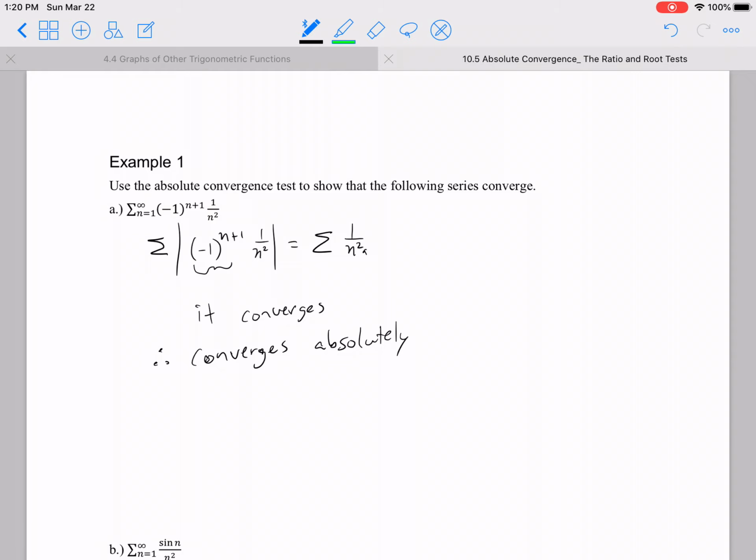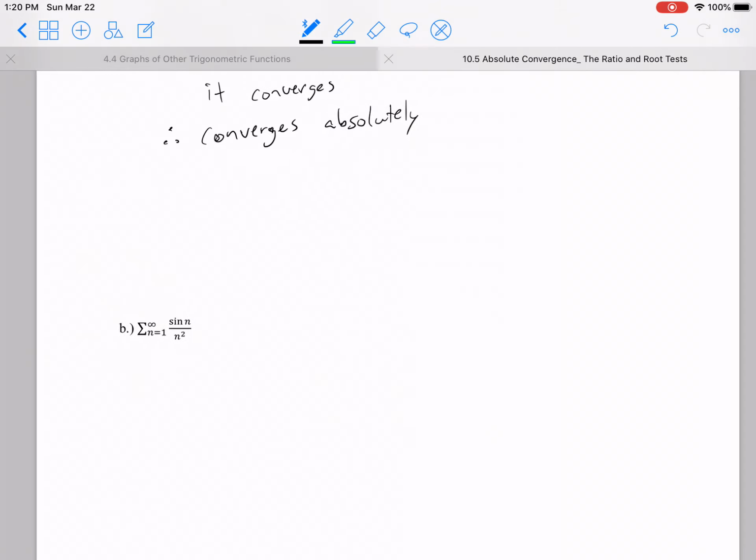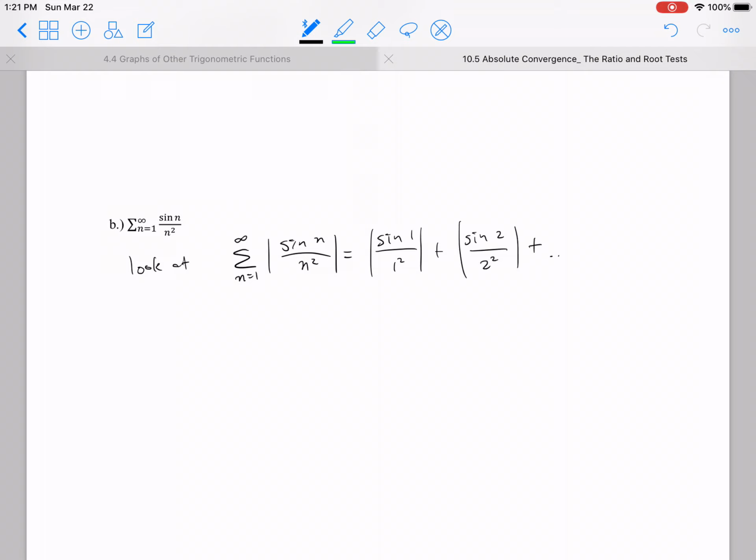Okay? Let's take a look at our next one. Here we have sine of n over n squared, and we're going to look at our sum, n equals 1 to infinity, of the absolute value of sine of n over n squared. This one is going to look like the absolute value of sine of 1 over 1 squared plus the absolute value of sine of 2 over 2 squared plus so on and so forth.